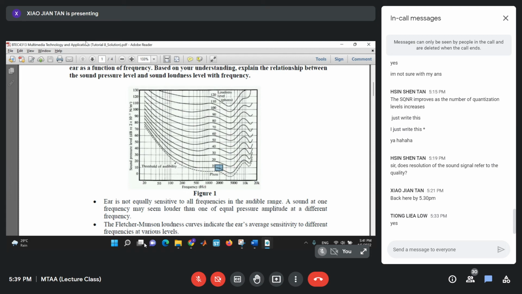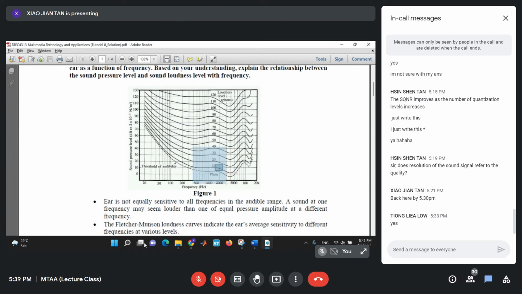That is because our ear is not fair and square to each and every frequency. We have a very specific frequency range which humans are more sensitive to. So that is why we would hear things differently.